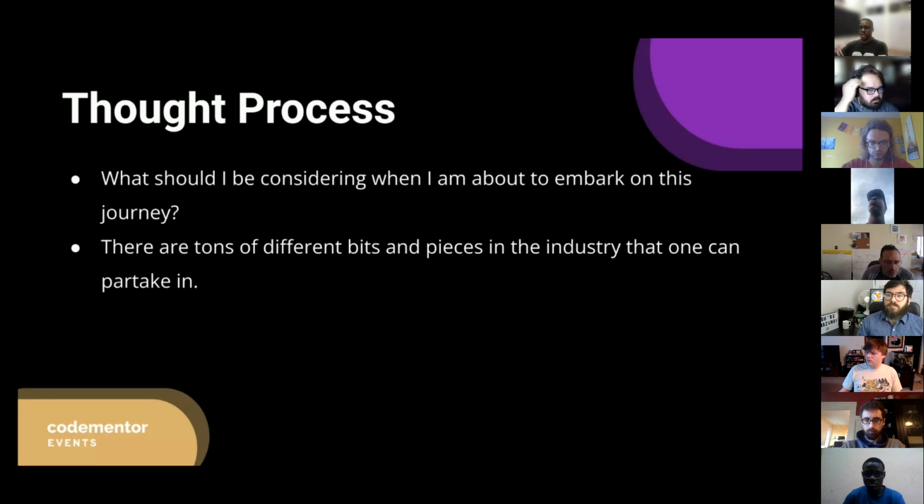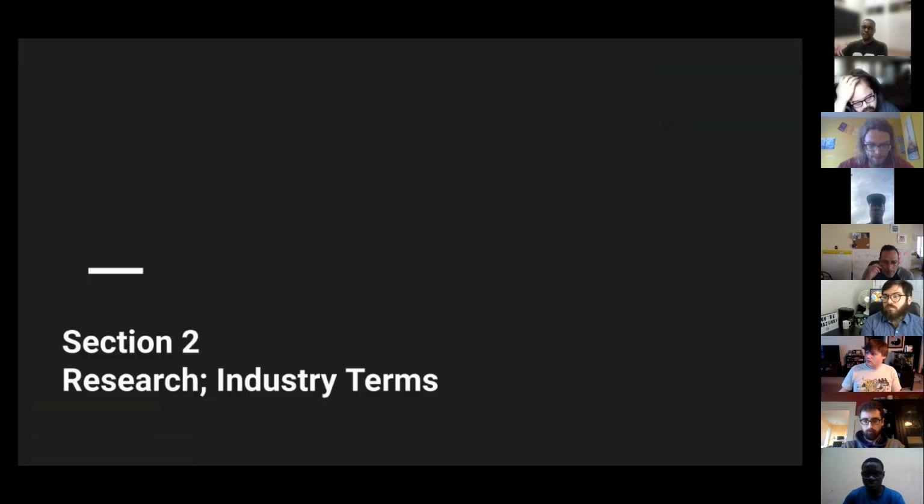You need to understand exactly why you want to get into the industry, because it helps you make the decision moving forward. It helps you narrow down where you would like to move your career towards.